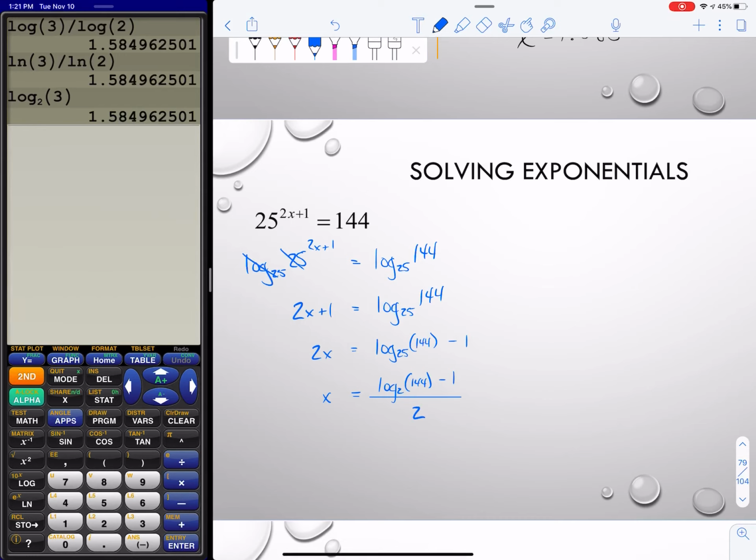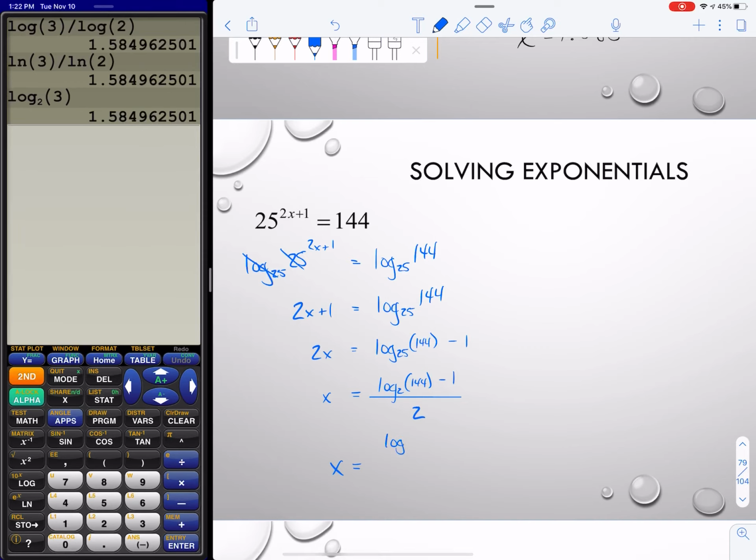Now, if you throw a box around that and leave that as a final answer, I'm going to take a point off. Why? Because I have a log written here that is not in either base 10 or natural log form. So let me rewrite this in terms, we'll use the base 10 here. So what I'm going to end up with is the log of 144 over the log of the original base 25.